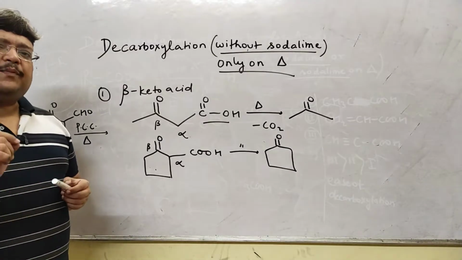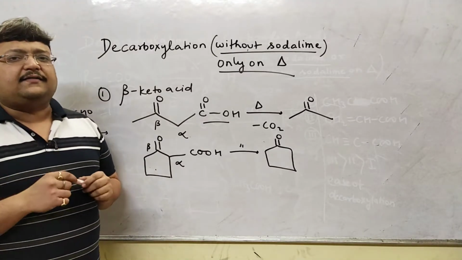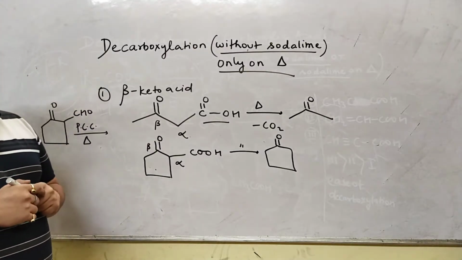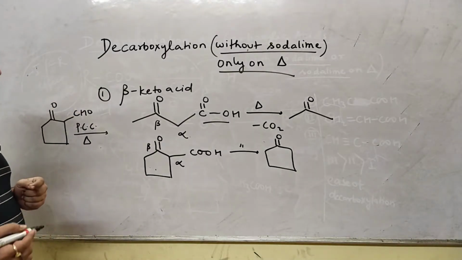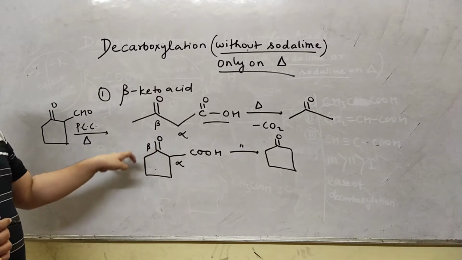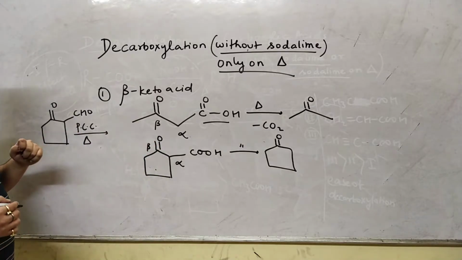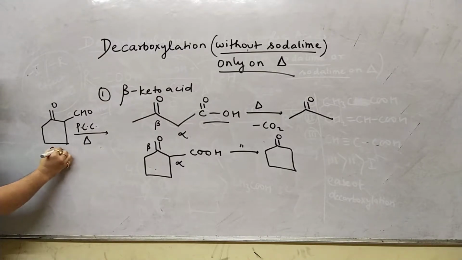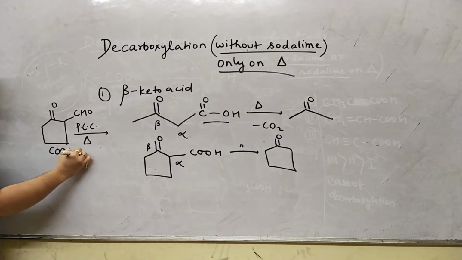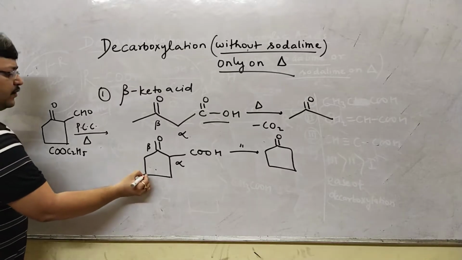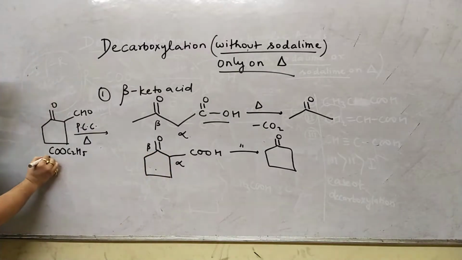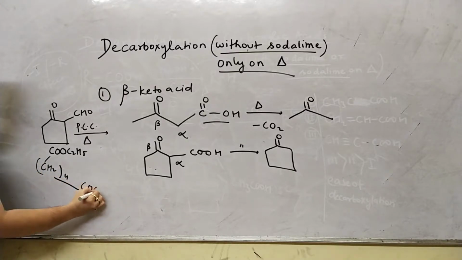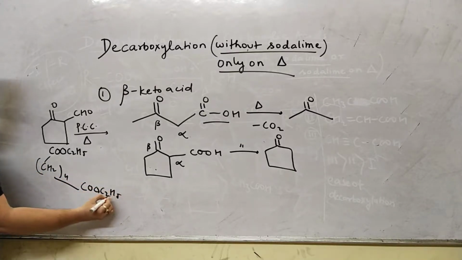Yet again, there is a very popular reaction called Claisen condensation. At some point of time, you will learn about Claisen condensation. Now, intramolecular Claisen can give you a ring of this kind. I'll tell you, you can have a compound like COOC2H5, then 1, 2, 3, 4, CH2 whole 4, COOC2H5.